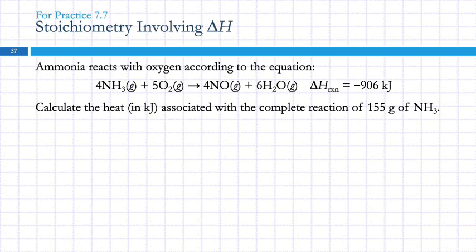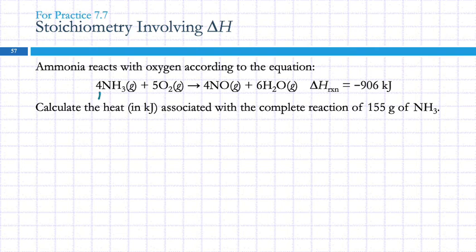Okay. Ammonia reacts with oxygen according to this equation. So here we have our balanced chemical equation, and we have delta H for this. So this tells me that when this reaction occurs, 4 moles of ammonia reacting with 5 moles of oxygen is going to release 906 kilojoules of energy into the surroundings. So this is saying calculate the heat in kilojoules associated with the complete reaction of 155 grams of ammonia.